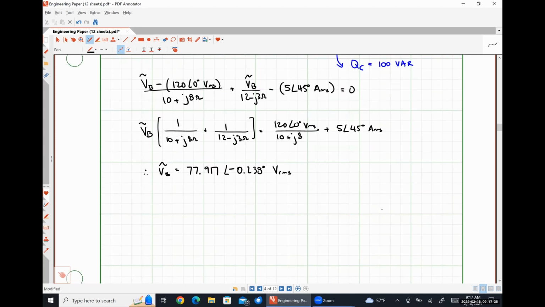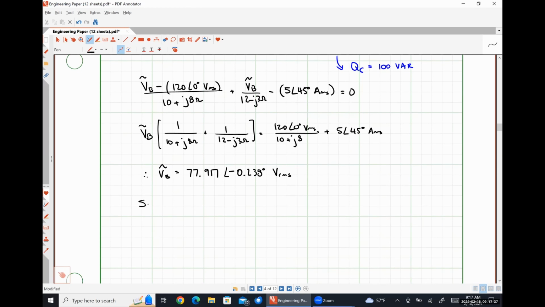From here, the complex power absorbed by element B is just going to be the magnitude of VB squared over ZB conjugate, or 77.917 volts RMS squared divided by 12 plus J3 ohms. So let me throw that into my calculator.